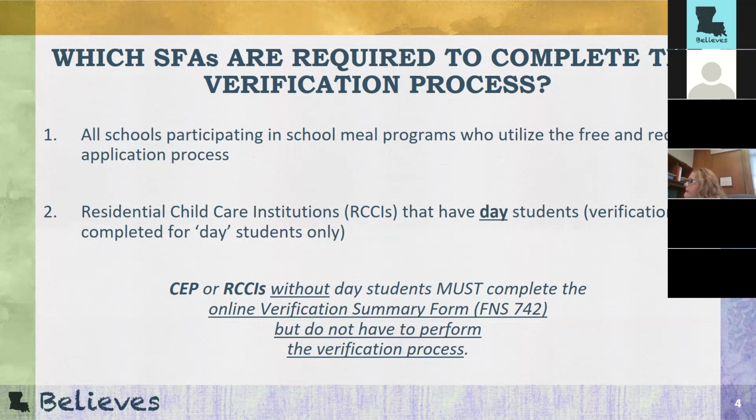Partial CEP districts will have to complete the entire verification process on those schools who are not CEP. System-wide CEPs and RCCIs without day students are not required to complete verification, but are required to complete the verification summary form.